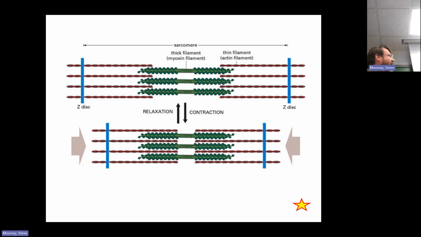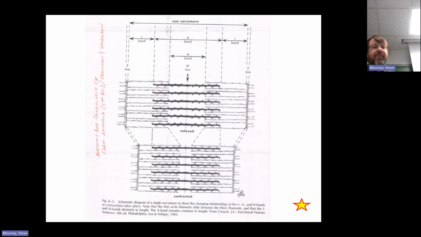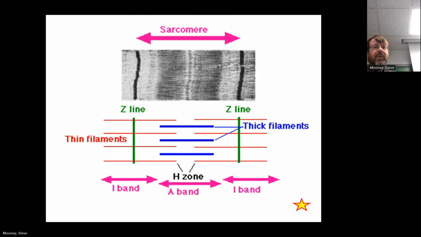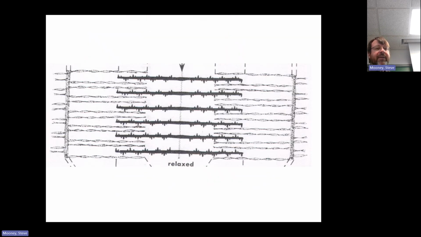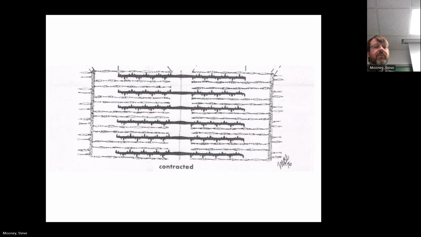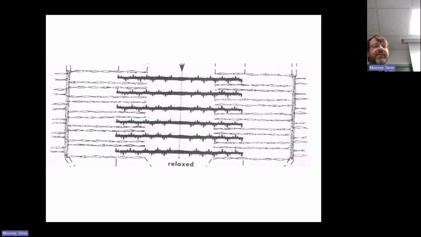We take the calcium out, it's going to relax and go back to where it started, assuming there's tension on the muscle. So if we're looking at it, what's staying the same and what's changing?